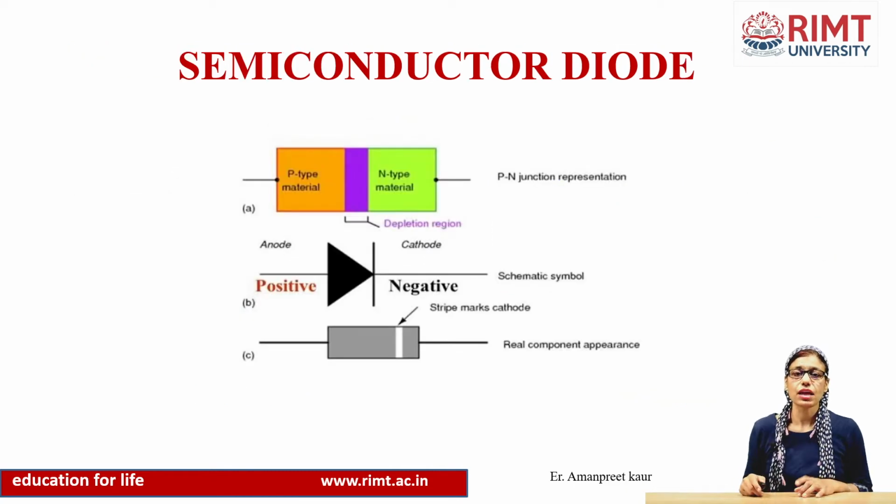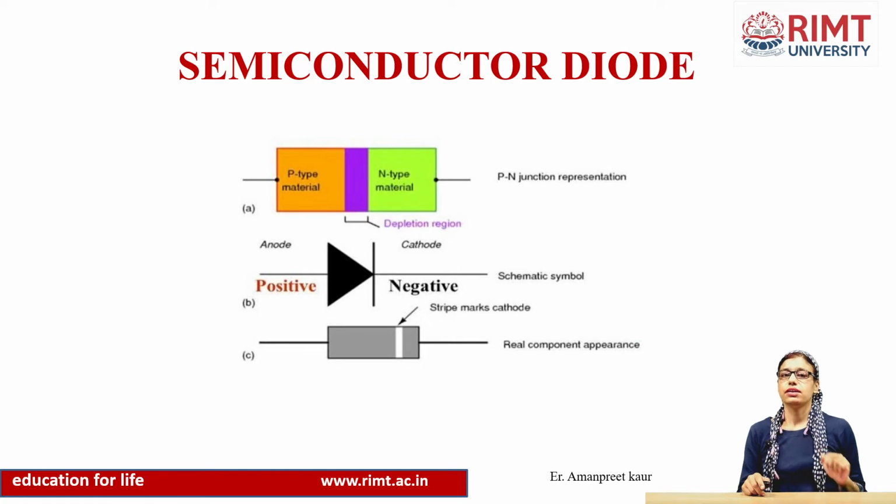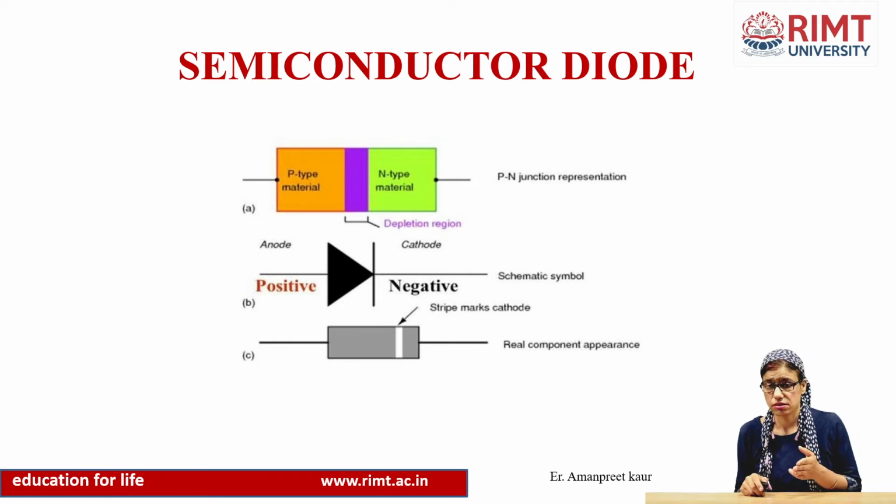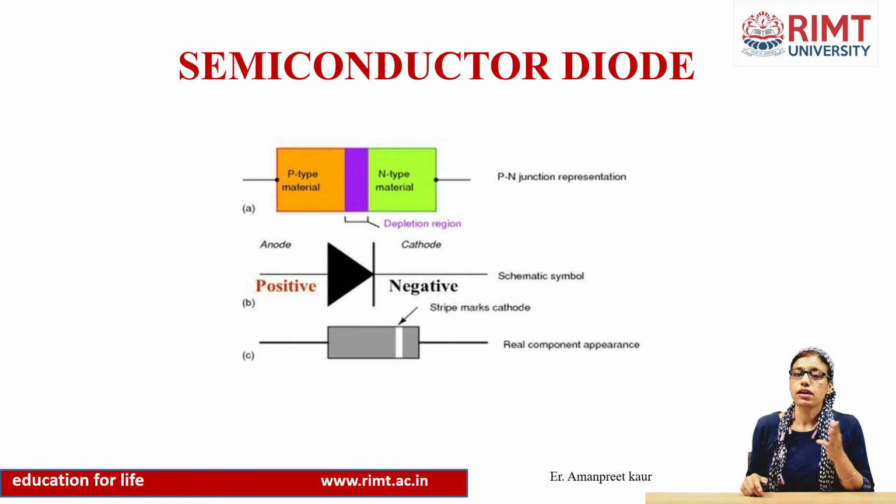Okay. So, semiconductor diode finally. You can understand the symbol of this and also the component appearance, which side is positive and which side is negative. On the component there is a bar that is the negative side, and on the left side of the bar is the positive side.